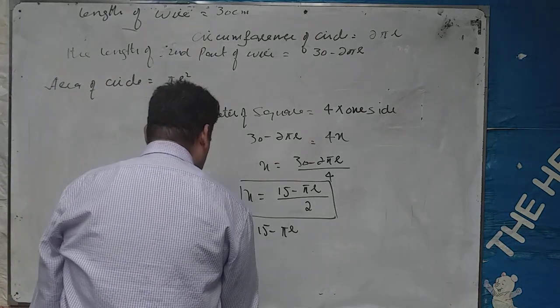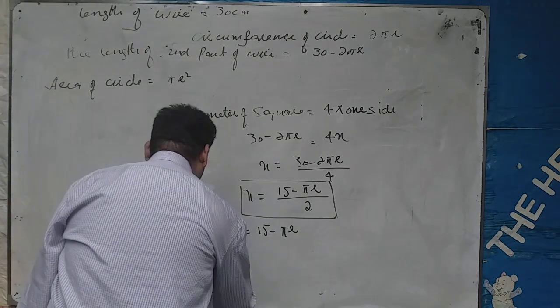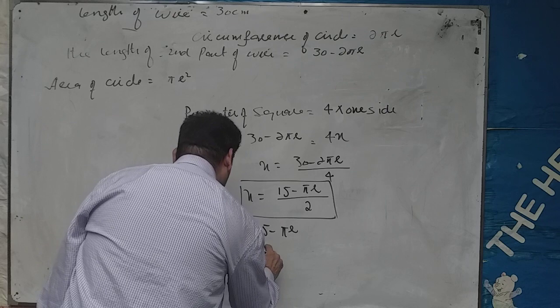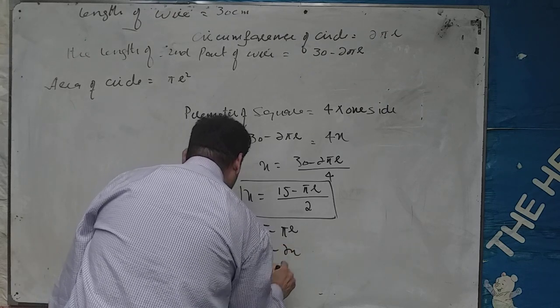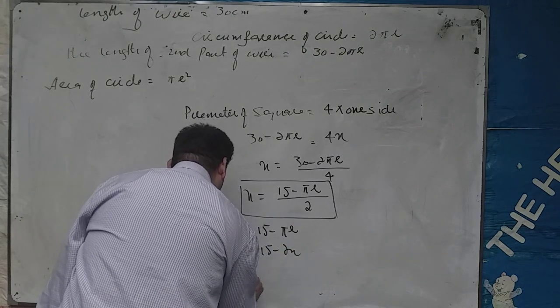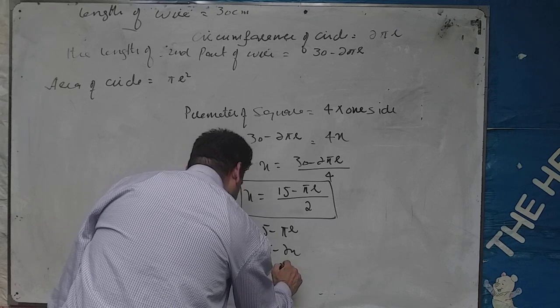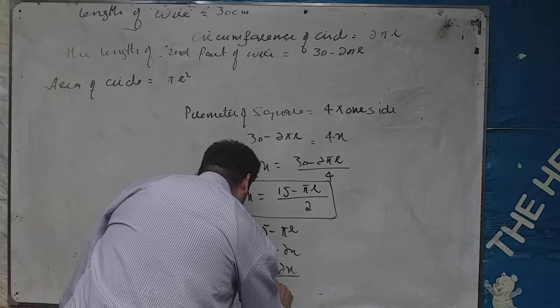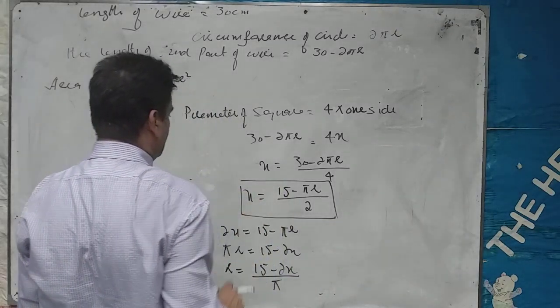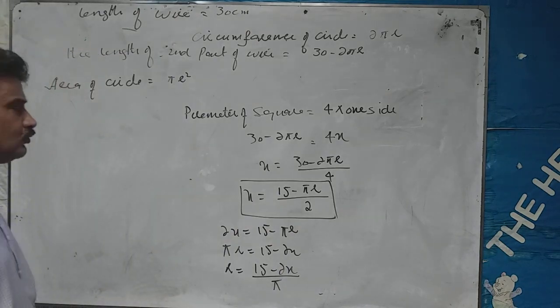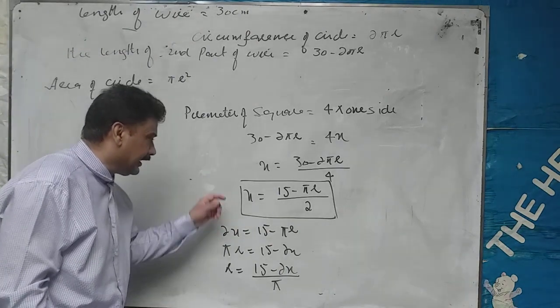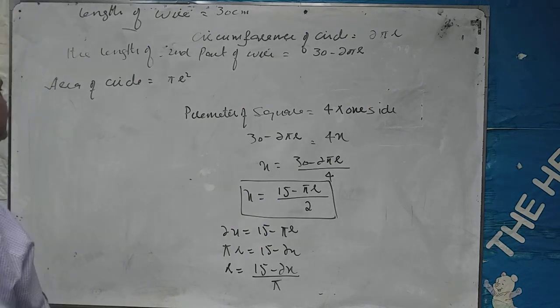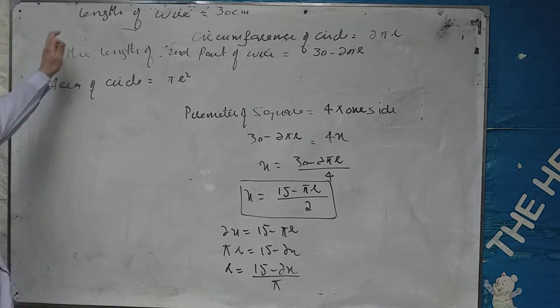To find r, pi r equals 15 minus 2x, so r is equal to 15 minus 2x divided by pi. We use these two values of r and x to find the combined area.